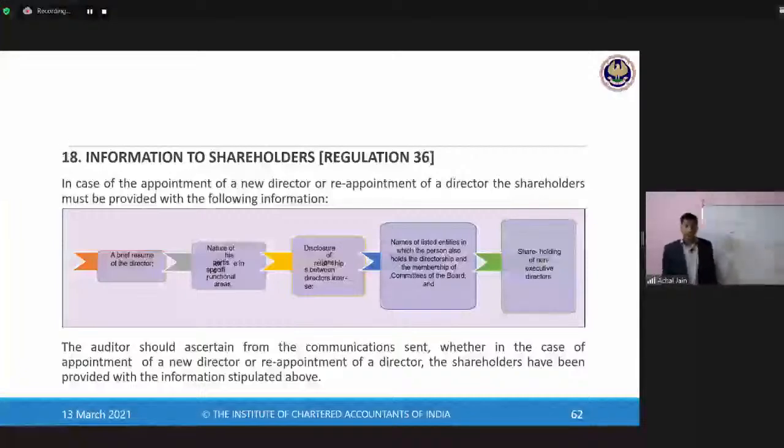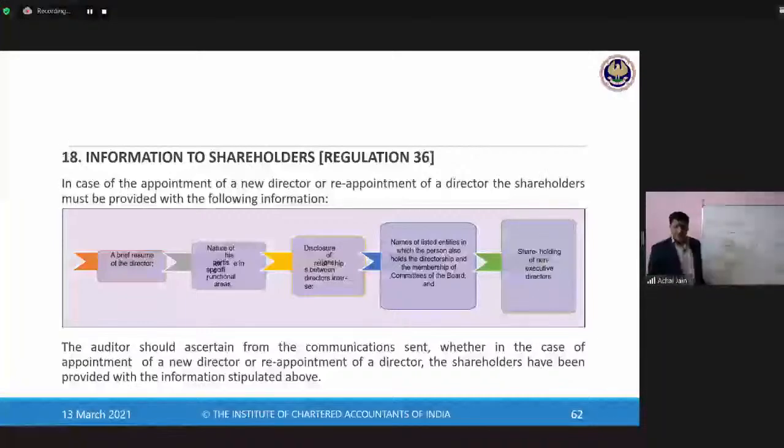A brief resume of the director, nature of his expertise in specific functional areas, disclosure of relationships between directors, names of listed companies in which the person holds the directorships, and the membership of committee of the board, shareholding of non-executive directors.